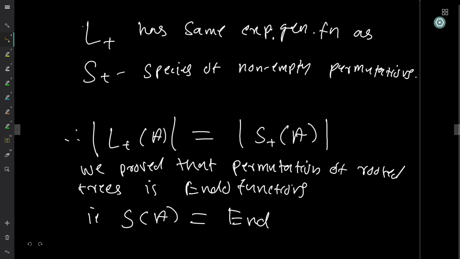Now, we know that the species of linear orders and the species of permutations have the same number of elements. When you look at the exponential generating function, they are the same. So the number of linear orders on a set and the number of permutations on a set are the same.